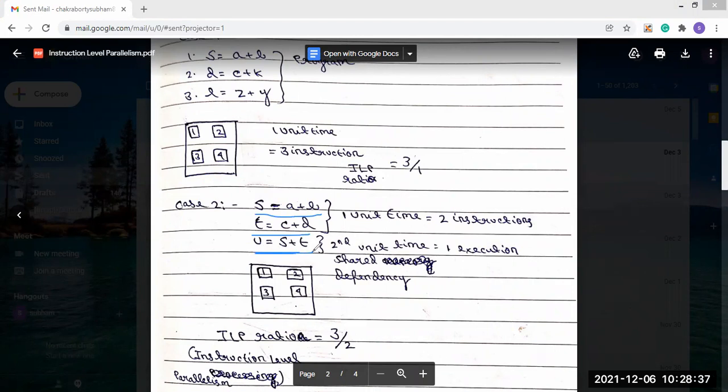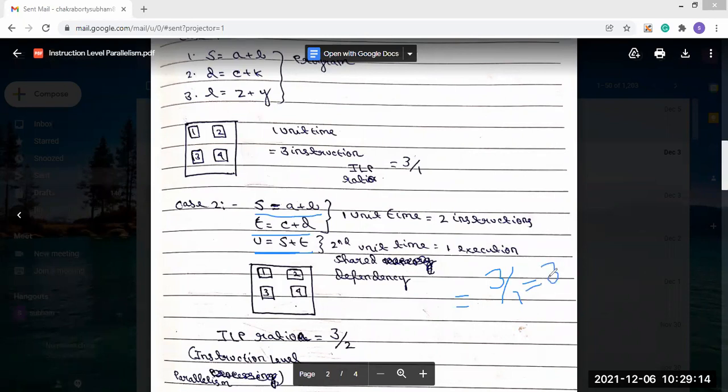Because there are 4 processors present and these 3 instructions, the first instruction will be executed by the first processor, the second by the second processor, and the third by the third processor. So the ILP ratio would be the number of instructions divided by 1 unit of time, so you will say it will be 3.